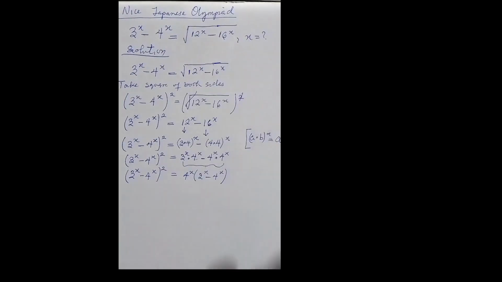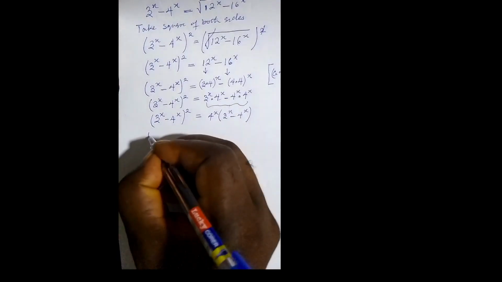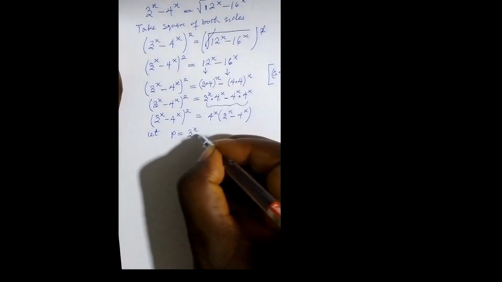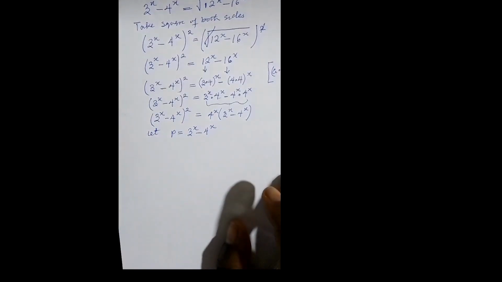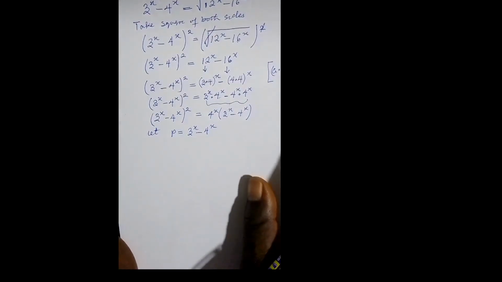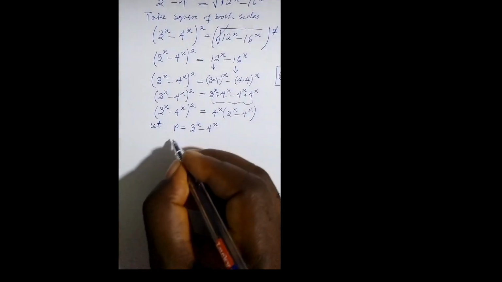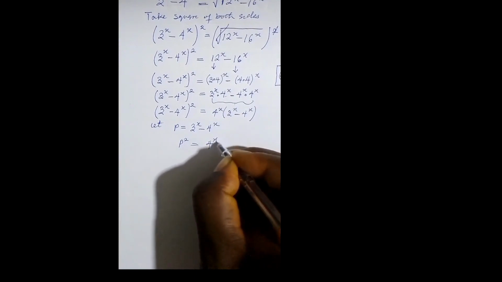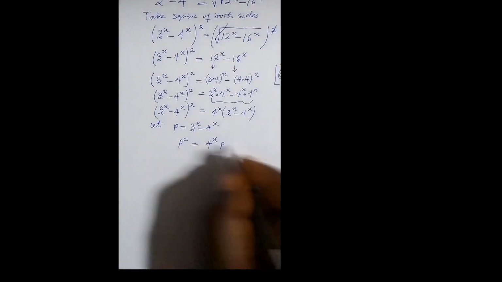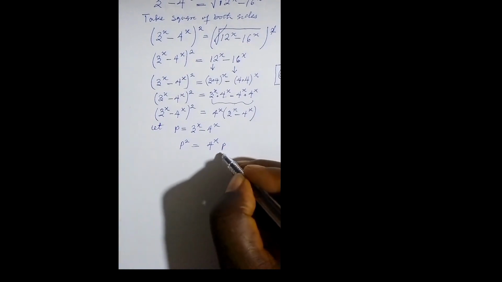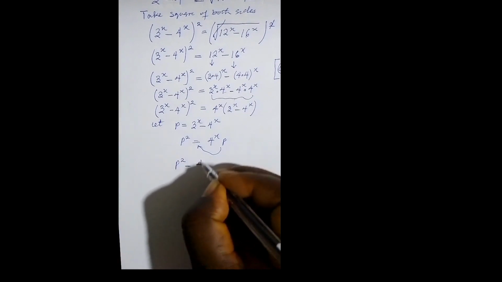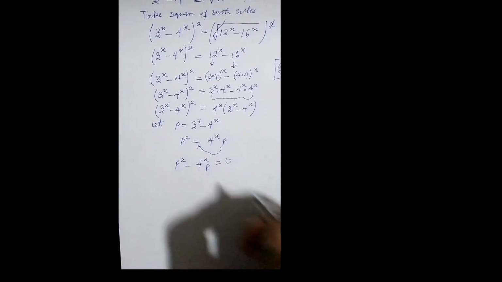So what we are going to do now is to let p equal 3 to the power of x minus 4 to the power of x. If this is the case, we have p squared equal to 4 to the power of x times p. Then of course we take this to the left hand side, so it becomes p squared minus 4 to the power of x times p equal to 0.